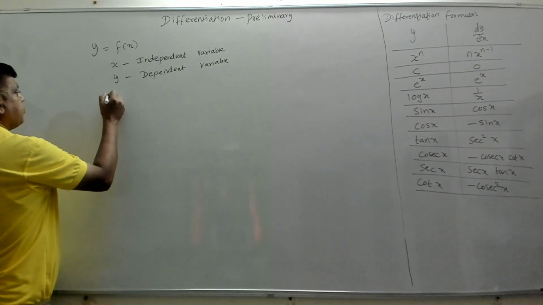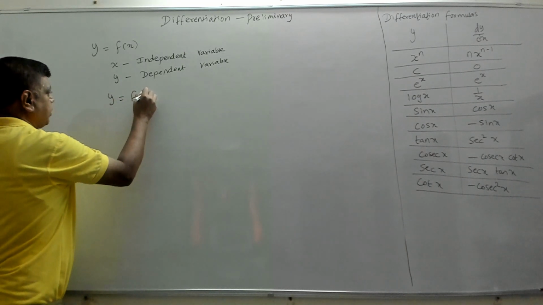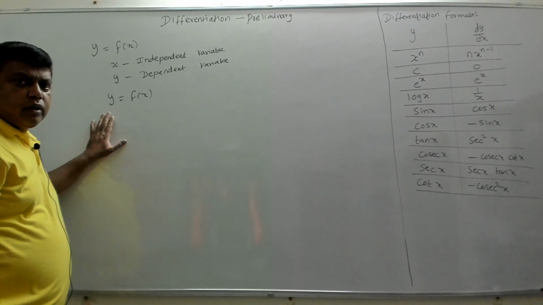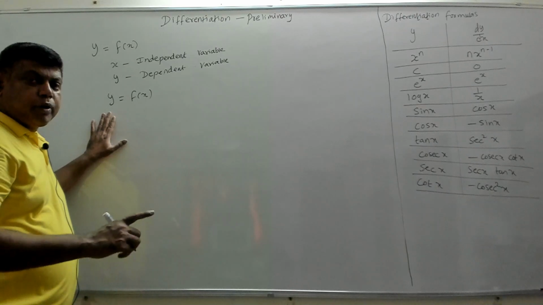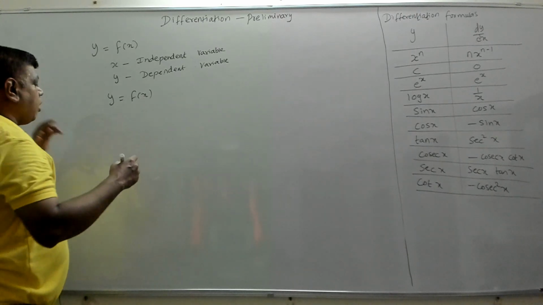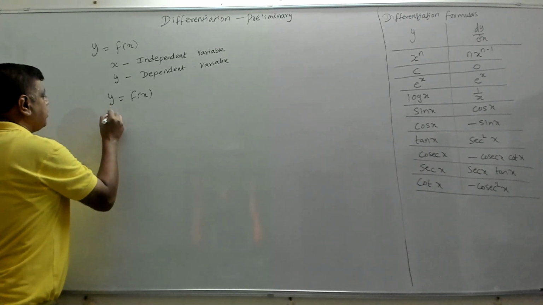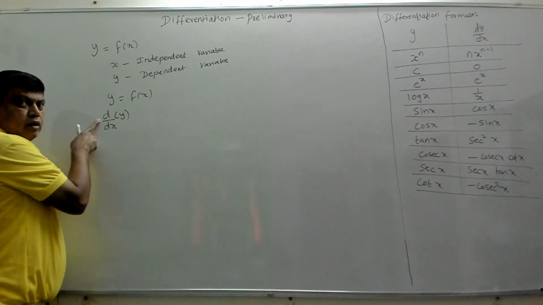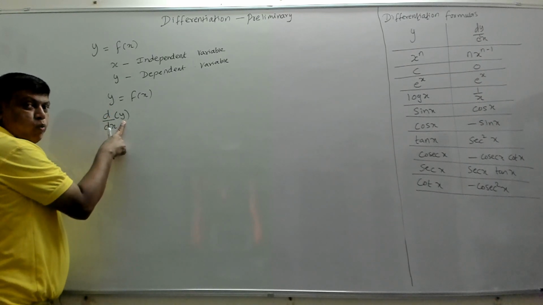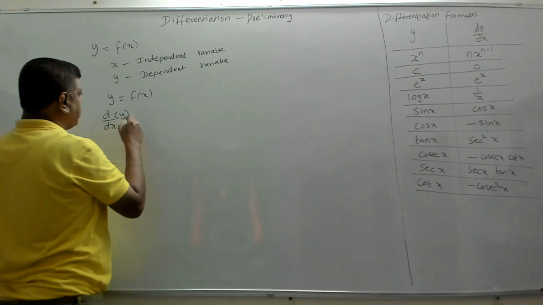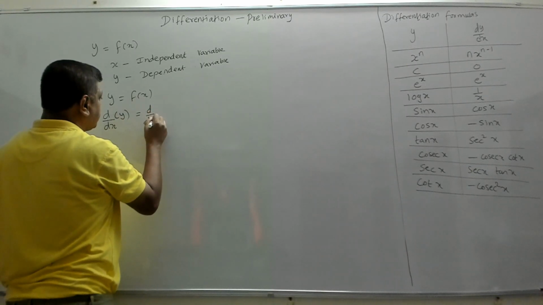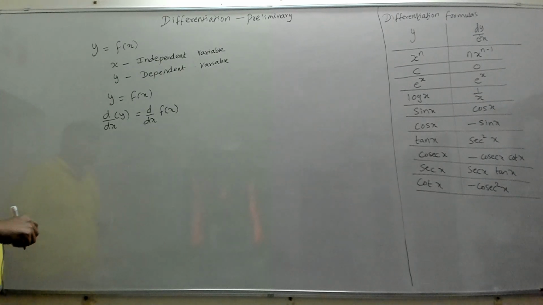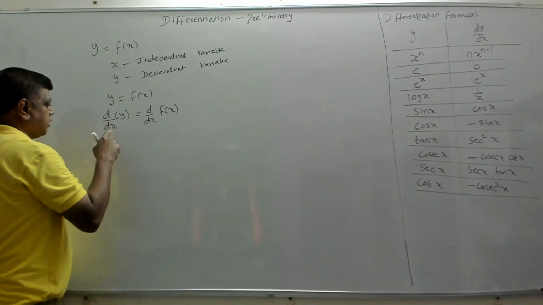Now, if you take this y as f of x, y is a function of x, and we can differentiate this function or the dependent variable with respect to the independent variable, and we call that d by dx of y, which means differentiating the dependent variable y with respect to x. And that is called differentiating, dy by dx, of this function f of x. How do we read this?